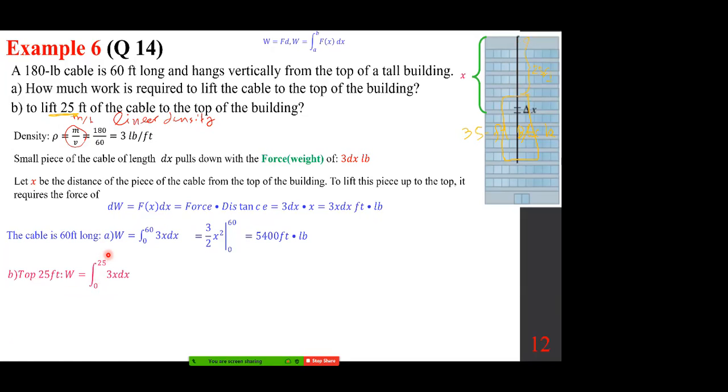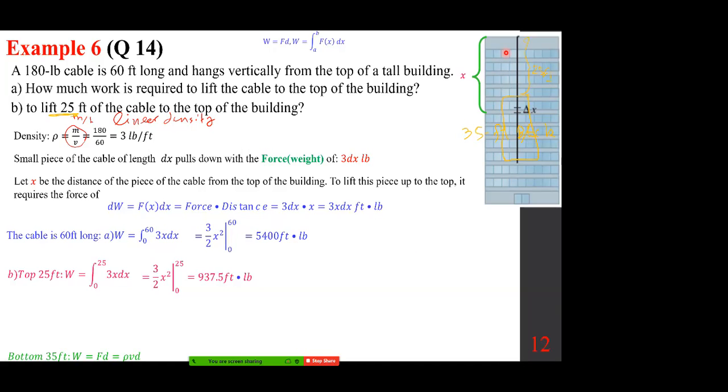So we calculate exactly the same thing from 0 to 25. That is only the top portion, everybody. The bottom portion is fixed, 35 feet, times 3 pounds per foot. So this would be the total weight, if you will. And then it goes up by how much? 25.